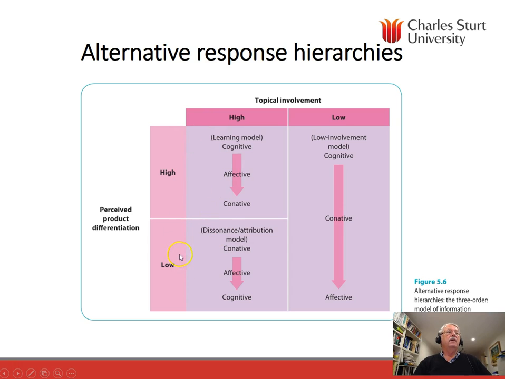And when there's low product differentiation, then with a high level of involvement, this is when you need to change people's behavior initially. So you might offer a very low price, a discounted price, a sales promotion in order to get them to buy first, and then develop feelings towards the product later, and then to think afterwards that they've made a good buy.